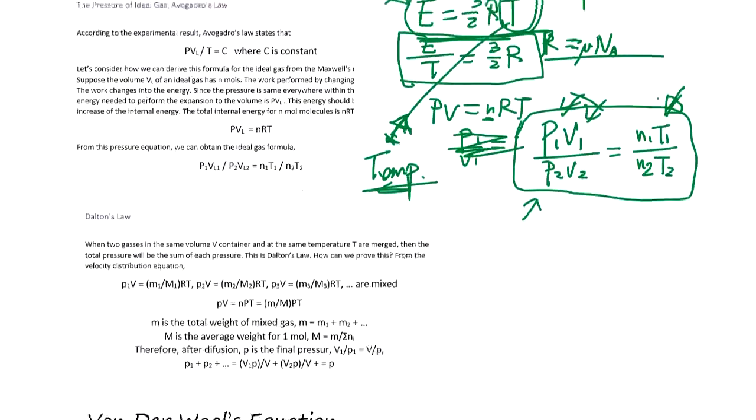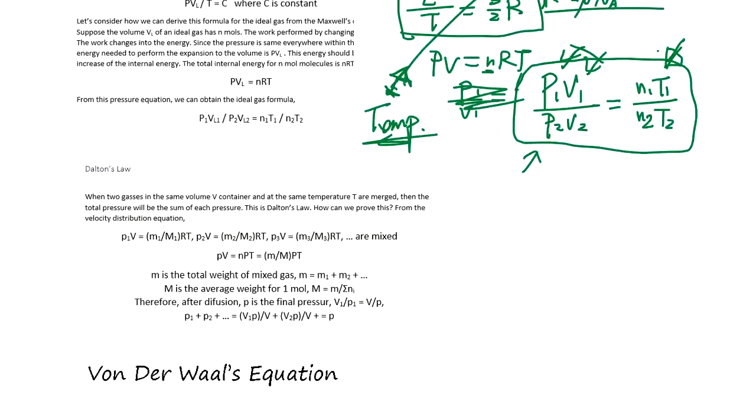Now, Dalton's law. Dalton's law is something like this: you have a volume V of gas 1, and a volume V of gas 2 with pressure 2.